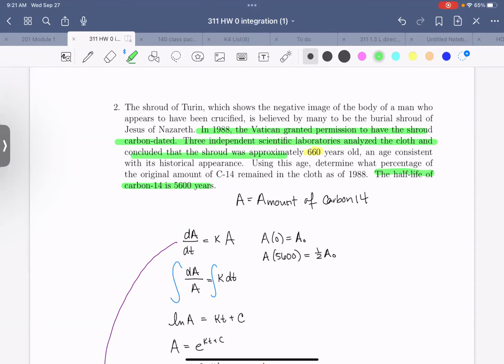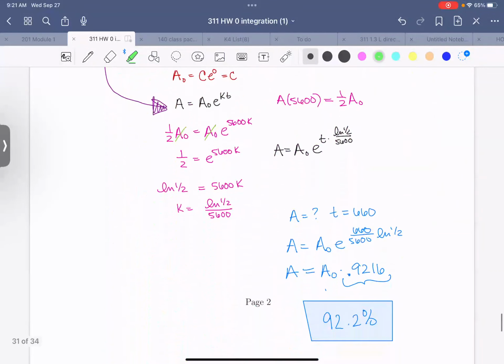Right. So he's saying that if they were asking about 1988 and 660 was in reference to today, you'd have to subtract off the difference in time, which is why he came up with 628. Right. But the sentence before it says the 660 is in reference to 1988. So I know the paragraphs can be annoying, but just make sure that you're reading for detail in there. Okay. We do okay with that one.